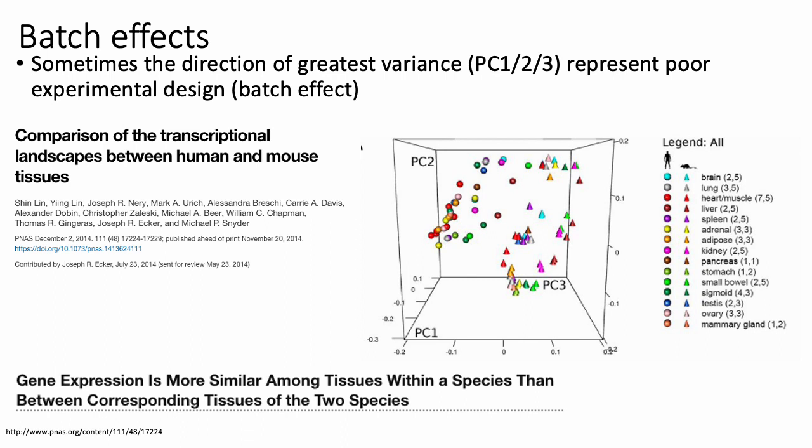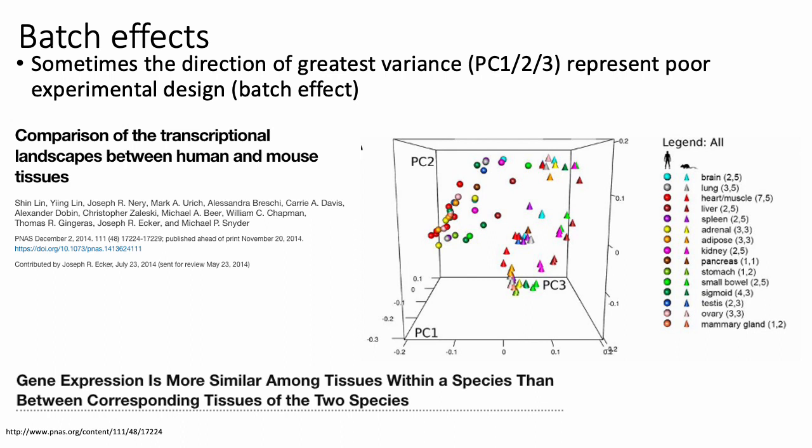Broadly speaking, the circles represent tissues from human and the triangles represent tissues from mouse. You can broadly see that the circles cluster together in this visualization and the triangles cluster together. Here they're showing the first three principal components of the expression data. Again, the main point is that the human tissue samples seem to cluster together and the mouse tissues seem to cluster together.